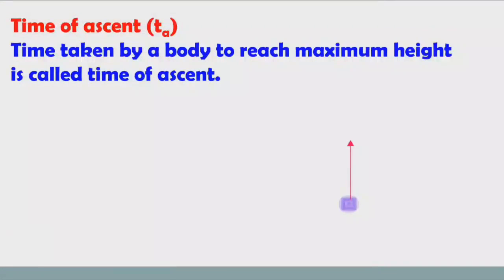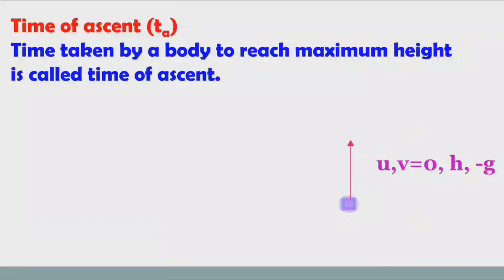Here, consider an object is thrown into air with certain velocity. Here, u is the initial velocity. When it reaches maximum height, its velocity will become 0. When we throw a body with certain velocity, its velocity slowly decreases with height.